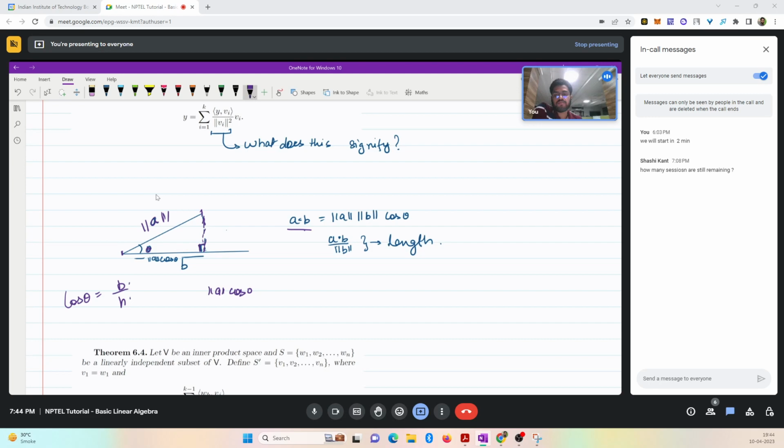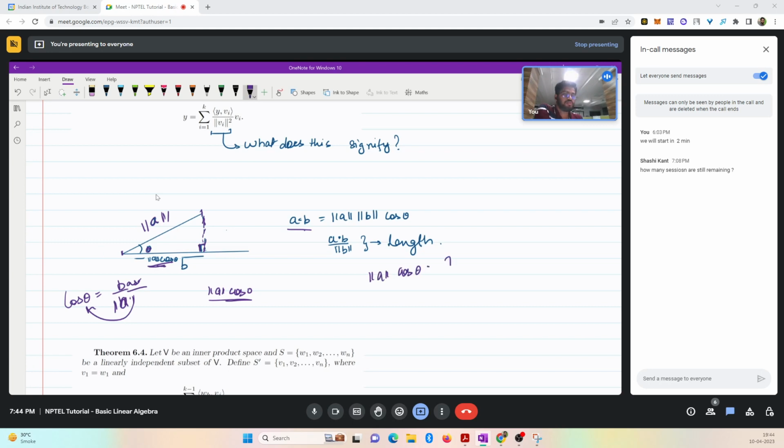Let's say this is my base, and hypotenuse is norm A. I take this side, I get base to be A cos theta. So we want to find this thing, that is norm of A cos theta.